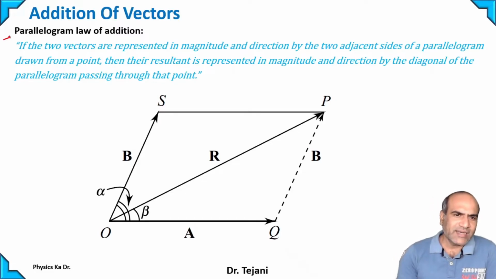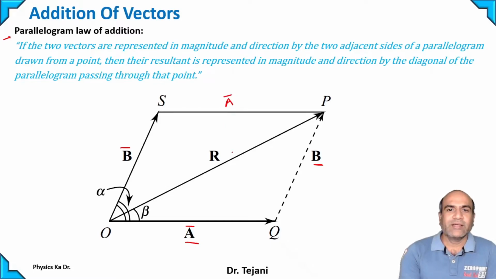Suppose this is vector A and this is vector B, represented in terms of a parallelogram. So this shape is known as a parallelogram, and B is equally drawn here, and this distance is equal to A, right?